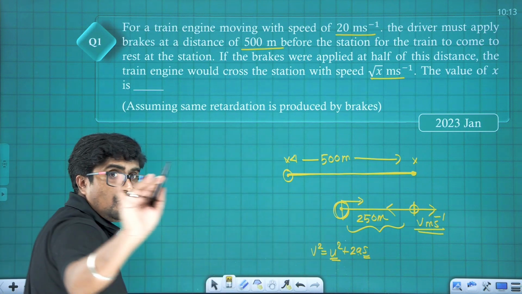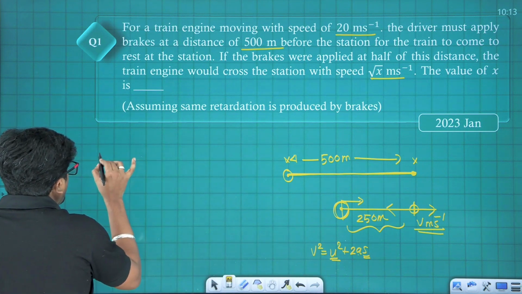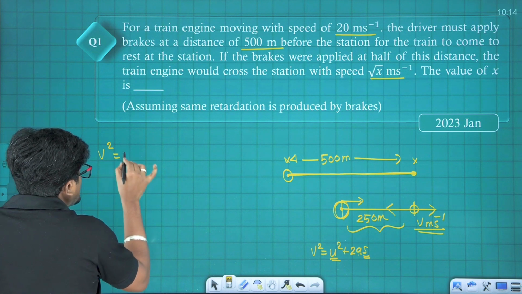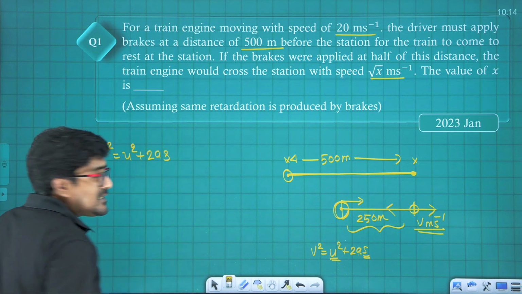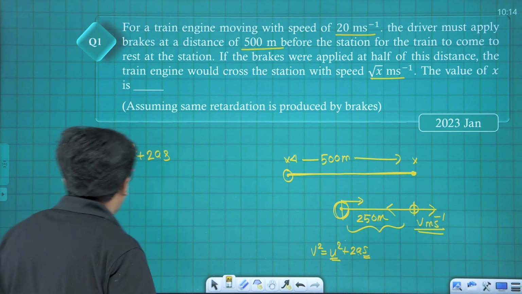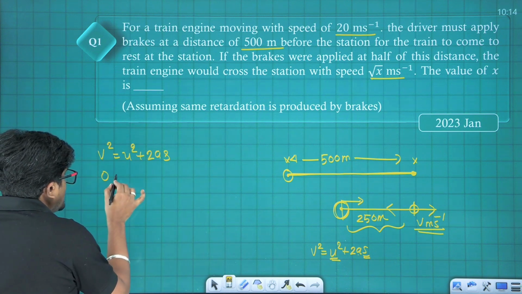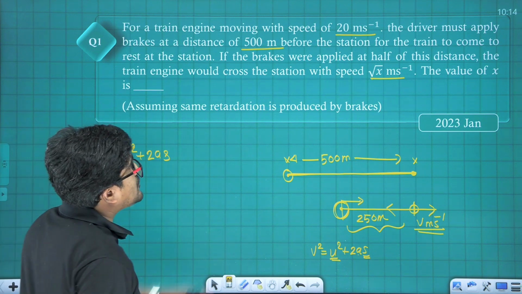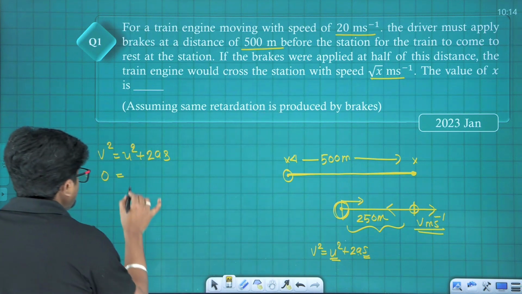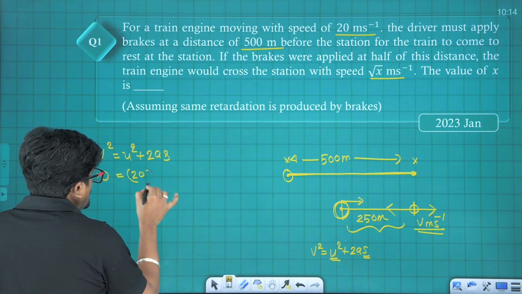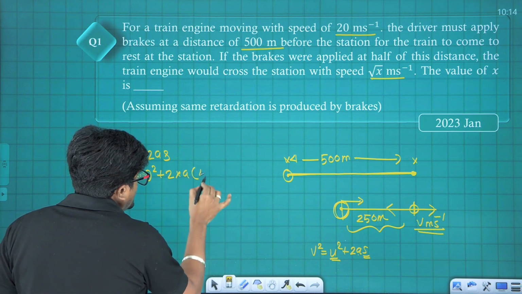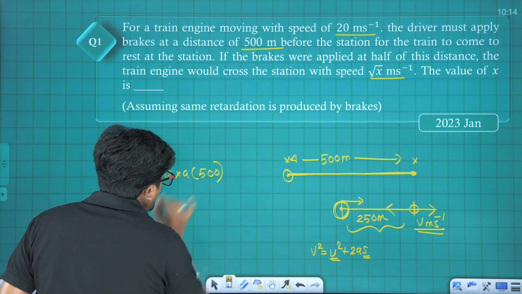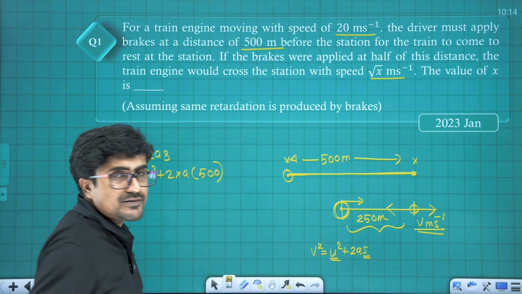Now let's move to that. So we are going to get the value of a first. Let me apply the equation v square equal to u square plus 2as, because what I know is the distance, initial speed and the final speed. The final speed is 0, so here this is going to be 0. Initial value is 20 square, so it is 20 square plus 2 into acceleration into distance, which is 500 meters.